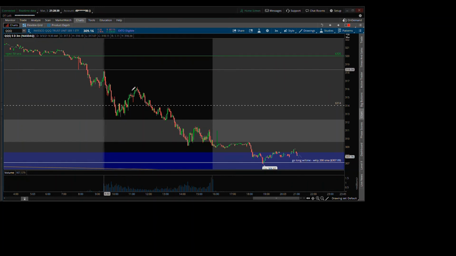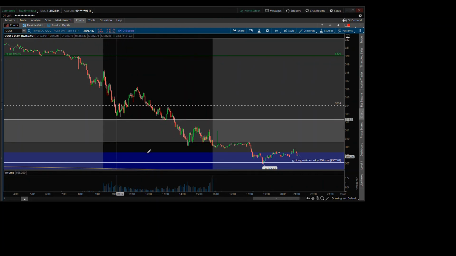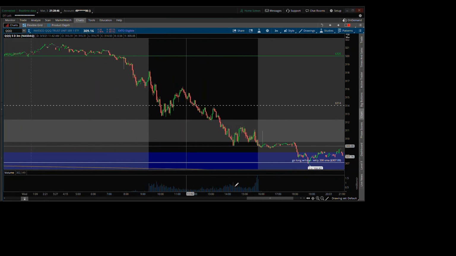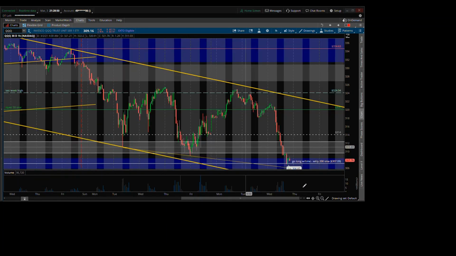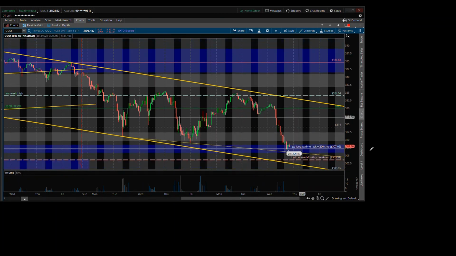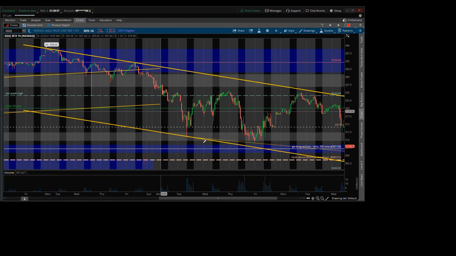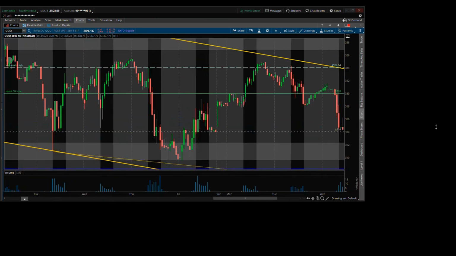So if you see the market dumping, just let it dump and wait. Just wait to see where it finds support and catch the bounce. It's very, very critical that you follow the plan when you day trade.